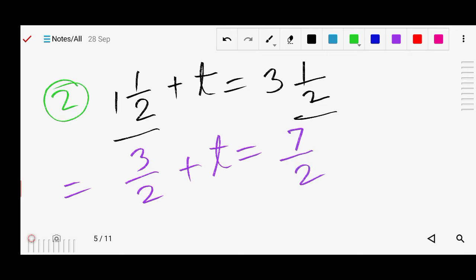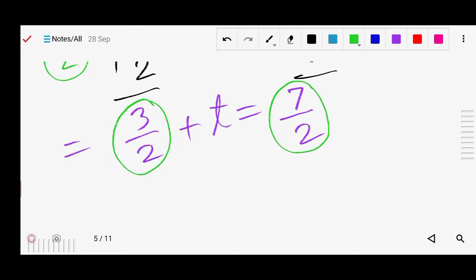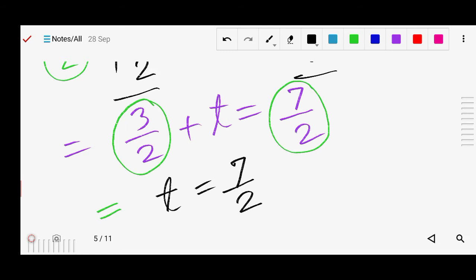Now you can see these two terms are the same type of term, so you just move one to the other side. So I can write t here, and 3/2 will go to that side.